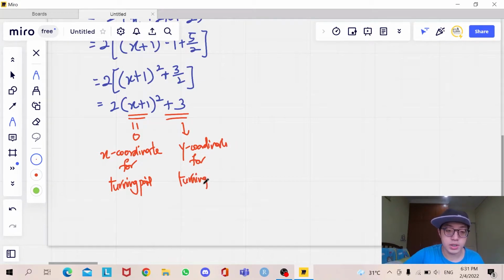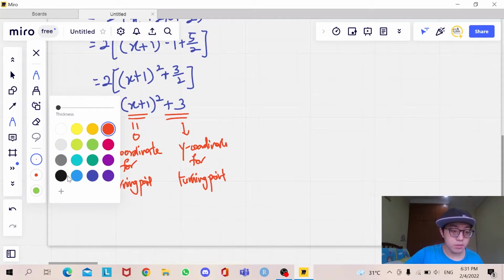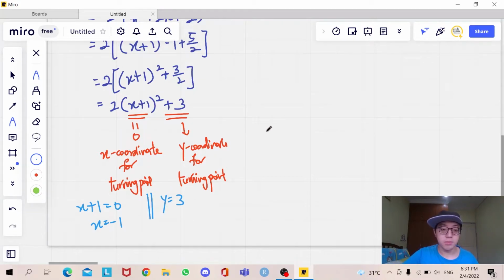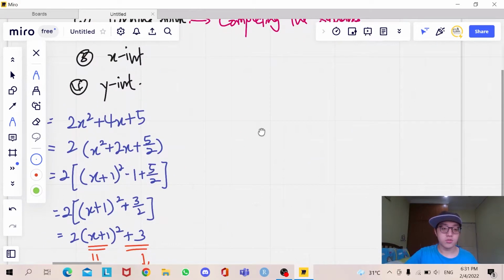All right, it's just that easy. So from here we know that x plus 1 is equal to 0, x equals to negative 1, and then y equals to 3. Therefore, we get that the turning point is negative 1 and 3.